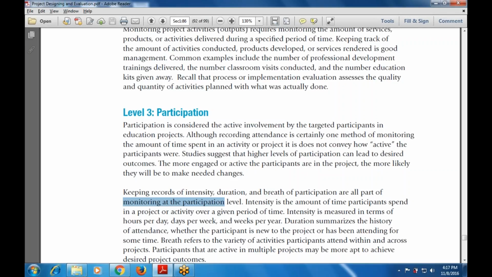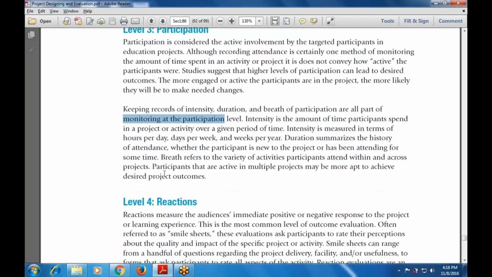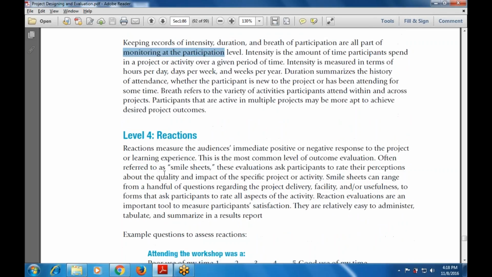Breadth refers to the various activities participants attend within and across the project. Participants who are active in multiple projects may be more apt to achieve the desired project outcome. That is level number 3, participation.